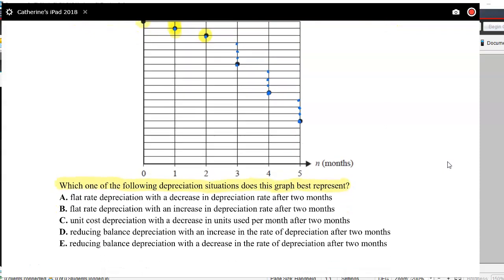Let's go through these and see what the situation is. Now, here we'll have to read all of these carefully. So, a flat rate depreciation with a decrease in depreciation rate after 2 months. Flat rate depreciation with an increase in depreciation rate after 2 months.